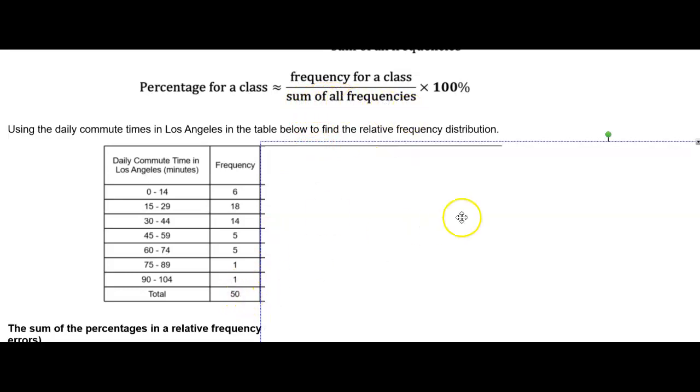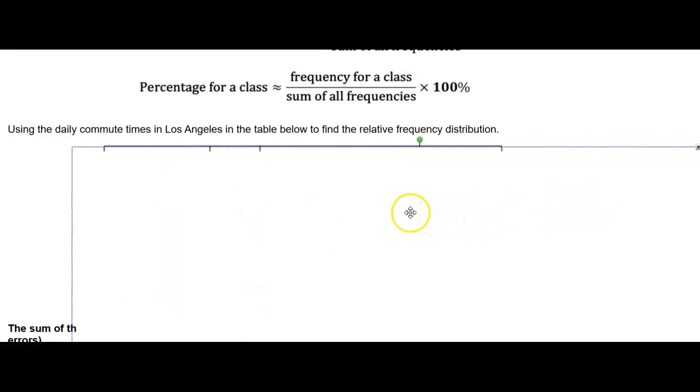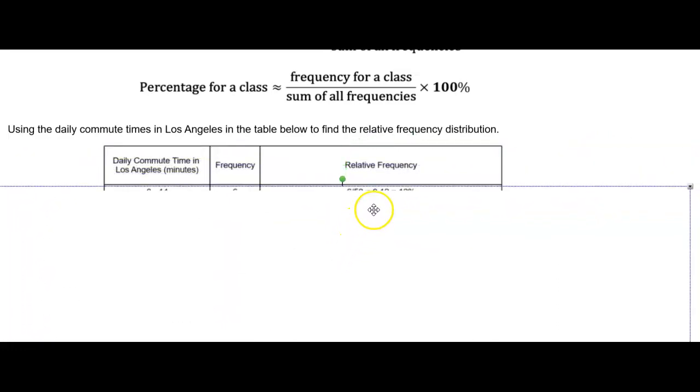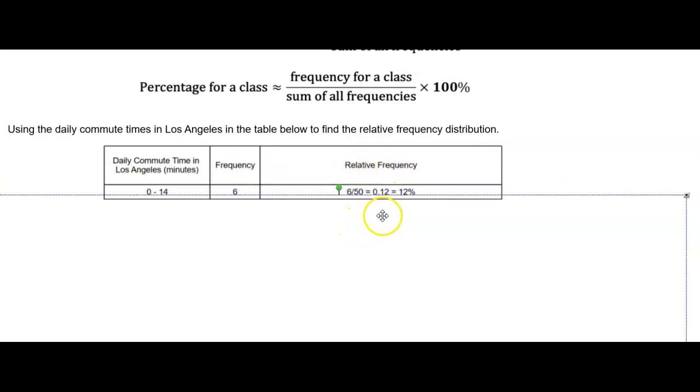Now that we have the sum of all frequencies, we can find the relative frequency. Here's our title for relative frequency. The first one, we take the frequency 6 and divide it by the total, 50. 6 divided by 50 gives us a decimal of 0.12.